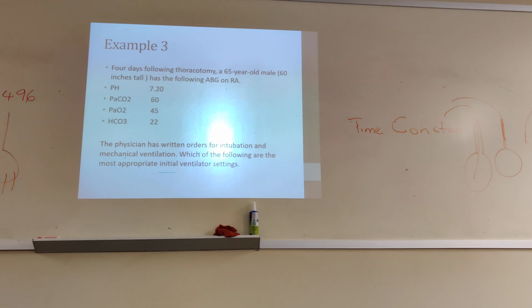Being 60 inches tall, they are going to have 50 kg, so the tidal volume range will be 300 to 400. I also know that I have to put them on an FiO2 that is between 40 to 60. So I know those two things.